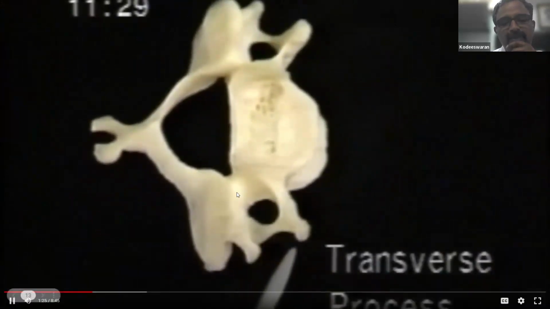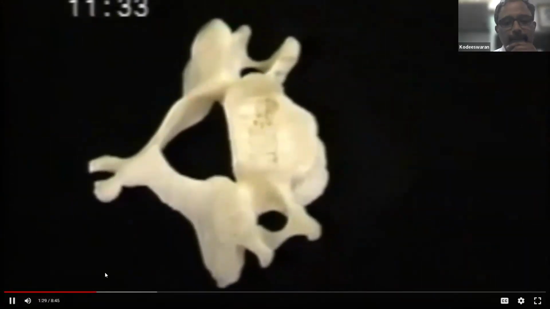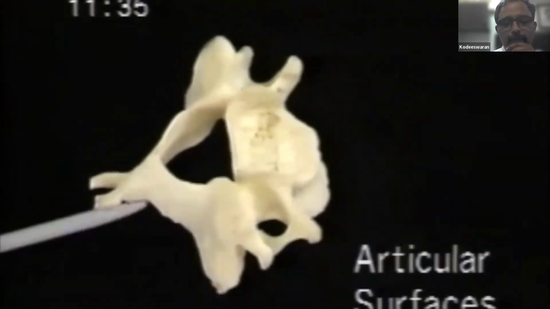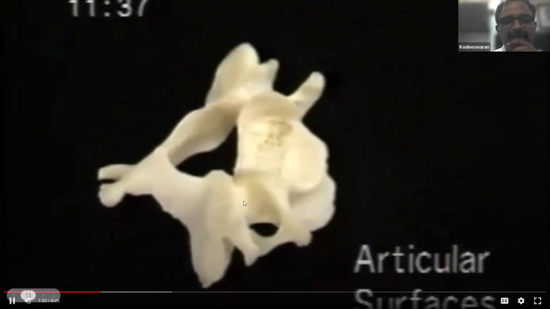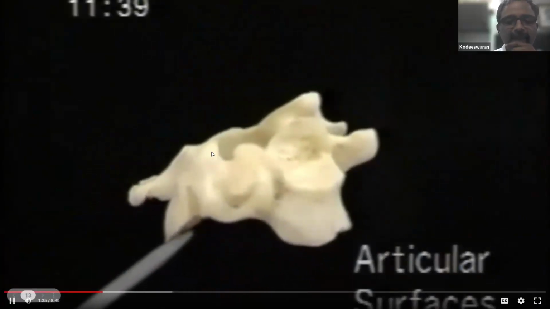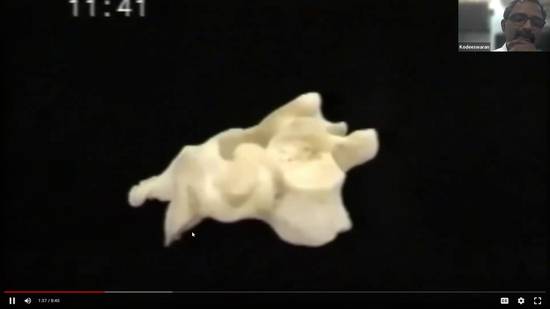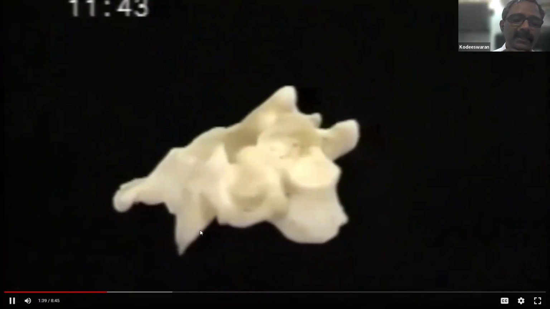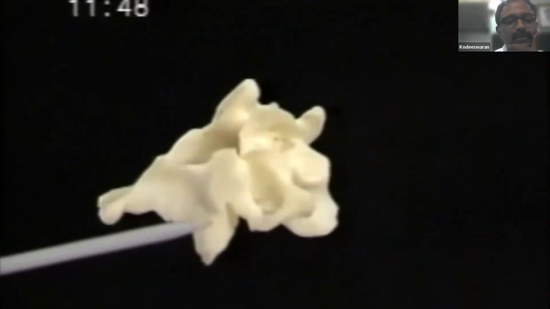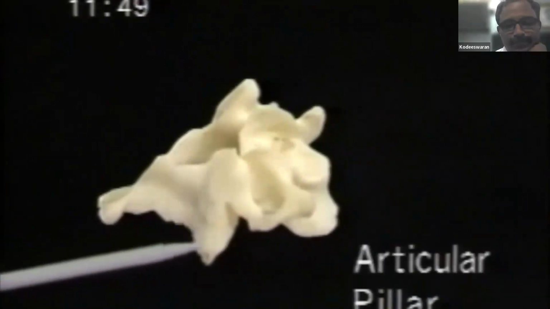This is the transverse process, which has the vertebral artery foramen. This is the superior articular facet of the cervical vertebra. This is the inferior articular facet. Together, they form the lateral mass. This is the anatomical landmark we use for lateral mass screws.